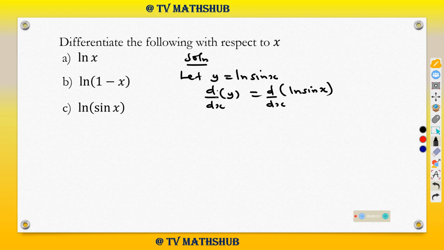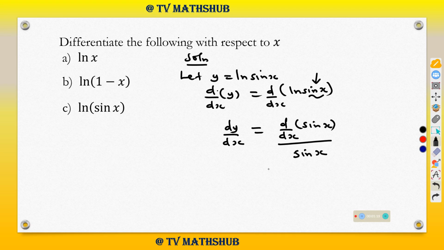What shall we have here? As usual, we shall be able to get dy dx. So dy dx is same as I said at the beginning, to differentiate ln of a function, you differentiate that function. So you will differentiate your function, which is sine of x. Then you will divide by what we call the same function, and that is sine of x.